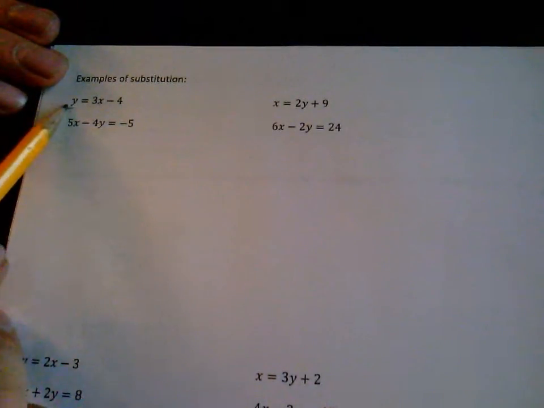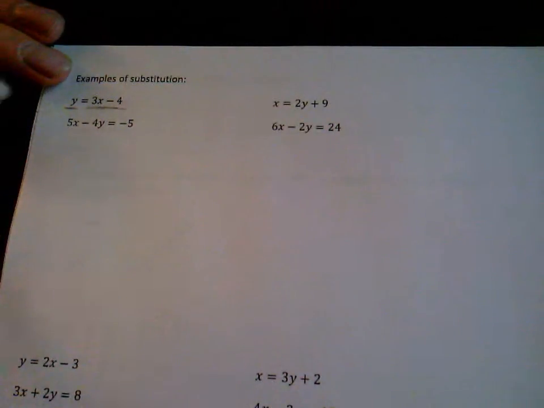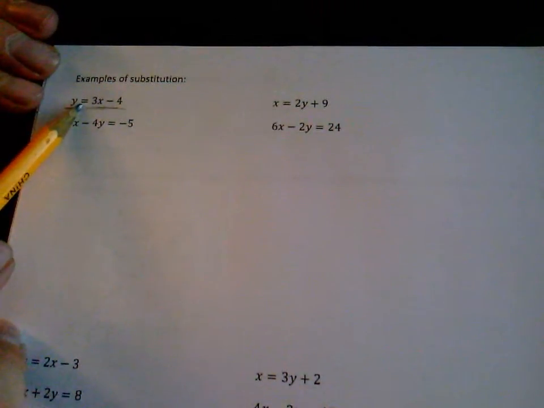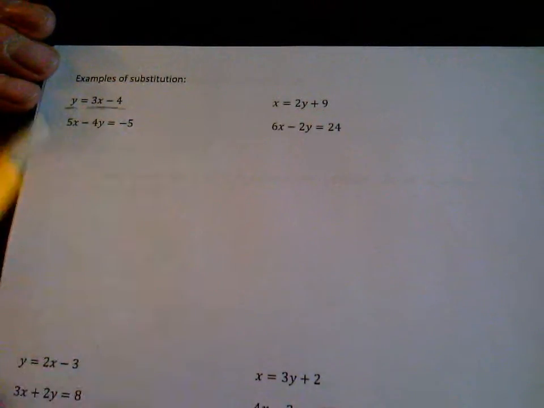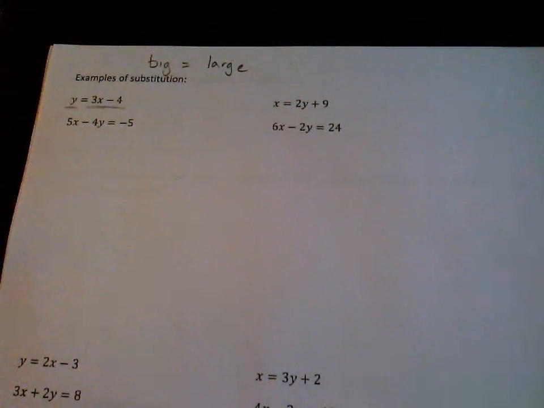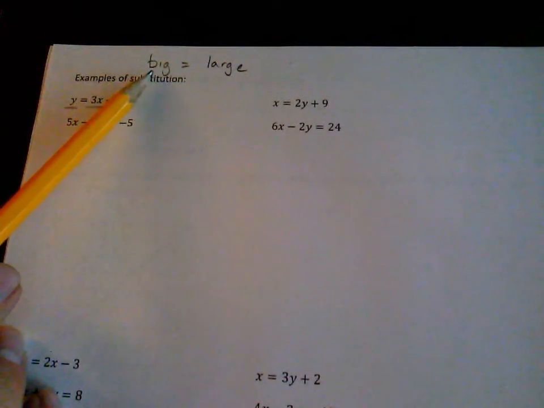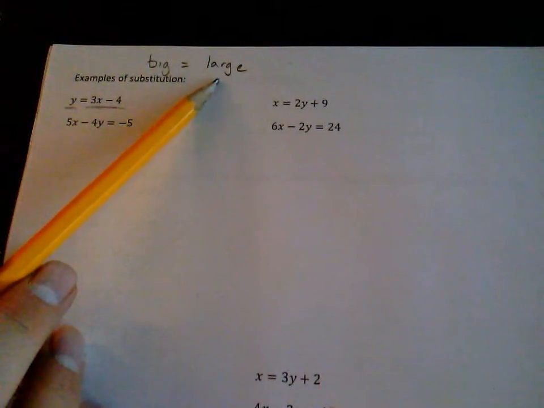Well, we have a letter here that's by itself, it's y. And we have another side right here that's 3x minus 4. What is an equal sign? Well, I can say an equal sign just means equivalent to. So if I said the word big is equivalent to large, and I made the statement a big truck just ran a red light, it'd be okay to also say a large truck just ran a red light.